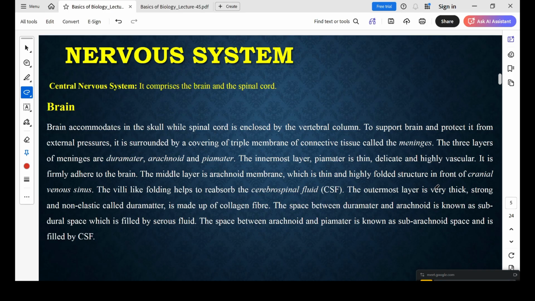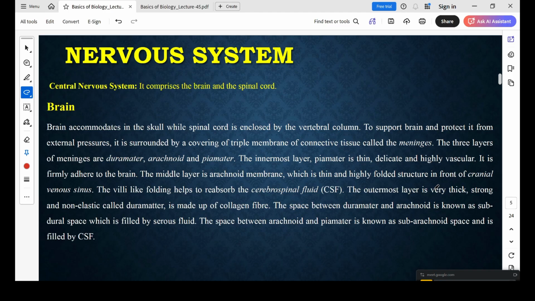The brain is present inside a bony hollow known as the skull, whereas the spinal cord is protected by the vertebral column. This is important because both of these systems are very essential for functionality of a human being. But if any damage occurs to either brain or spinal cord, a lot of problems might happen depending on where the damage has happened.